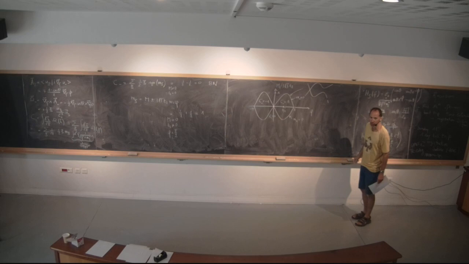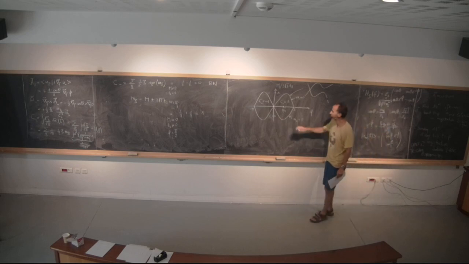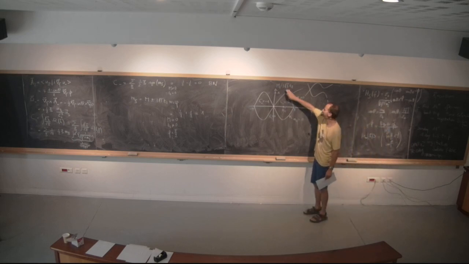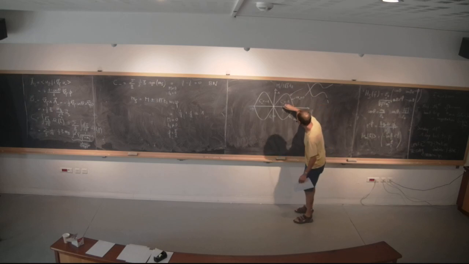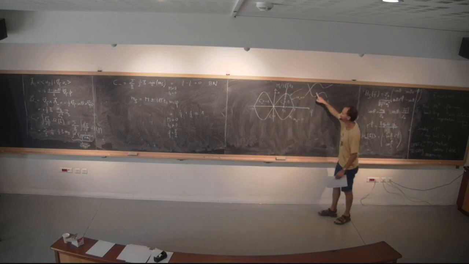And now if you like to study a phase transition between a Chern insulator and a trivial insulator, you can move along a line like this. At some point you encounter a phase transition which goes through a gap closing. The Chern number cannot change if the gap is not closing.